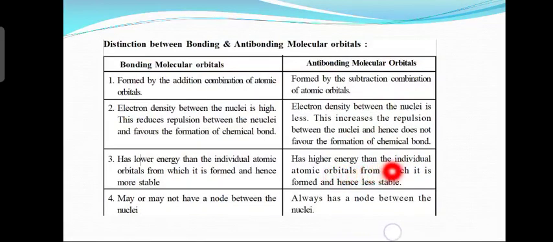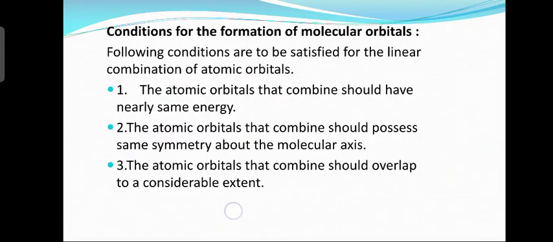Therefore, they are less stable. Then, bonding molecular orbital may or may not have a node between the nuclei, whereas the antibonding molecular orbital always has a node between the nuclei. So, these are the differences between bonding and antibonding molecular orbitals.